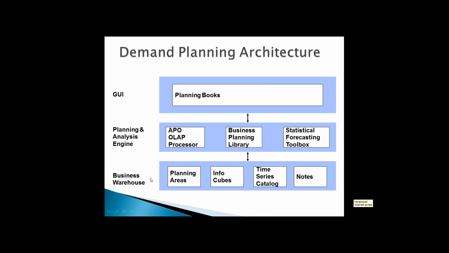These will be created in the business warehouse, and after that it interacts with the planning analysis engine, APO LAP processor, business planning library, and statistical forecasting toolbox, and finally reaches the GUI, the graphical user interface, which is nothing but a planning book. The user can see the planning results in the planning books itself. Historical data will be loaded in the BW.